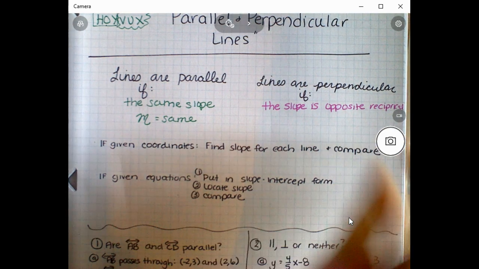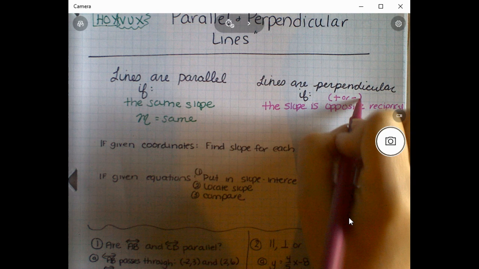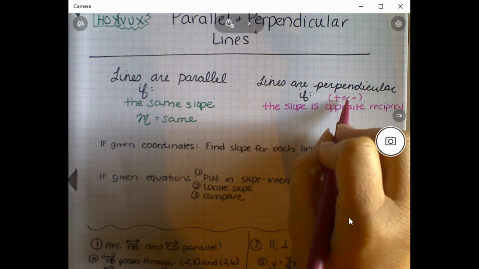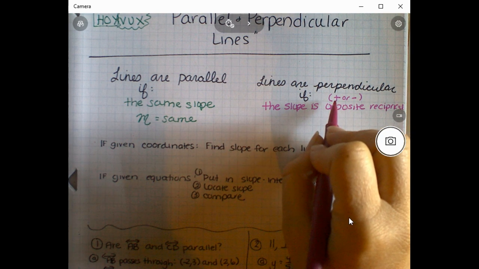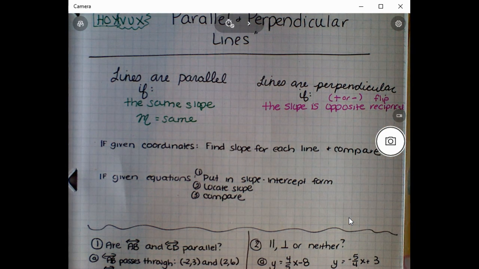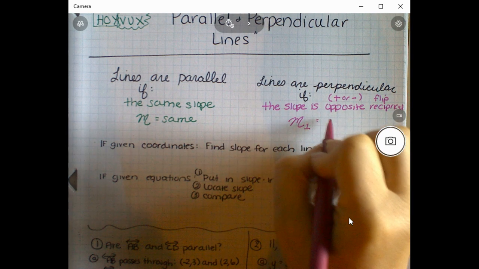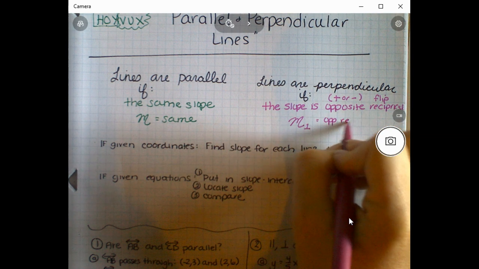What that means is that opposite is plus or minus. So if it was positive, now it's negative. If it was negative, now it's positive. Reciprocal means flip, so you're going to flip the fraction over. So the slope of a perpendicular one is opposite reciprocal.